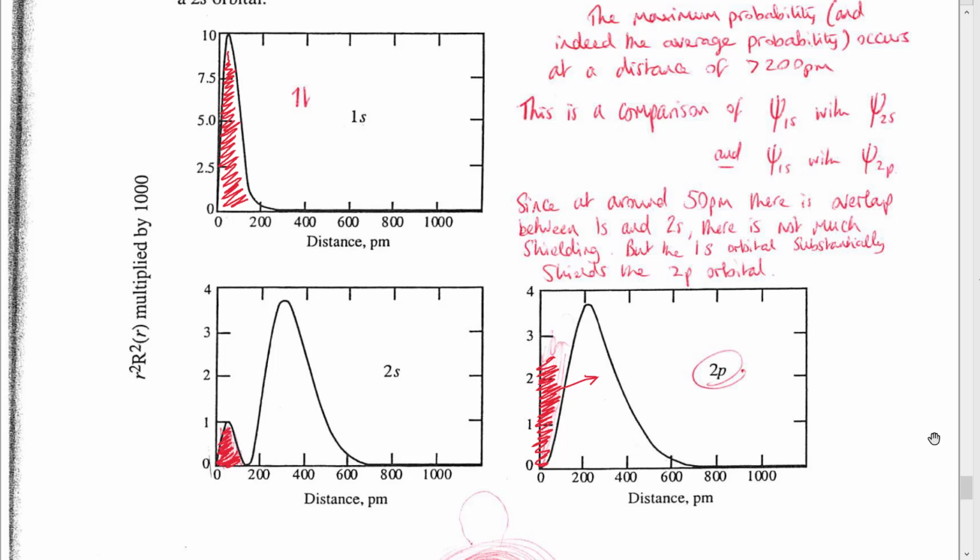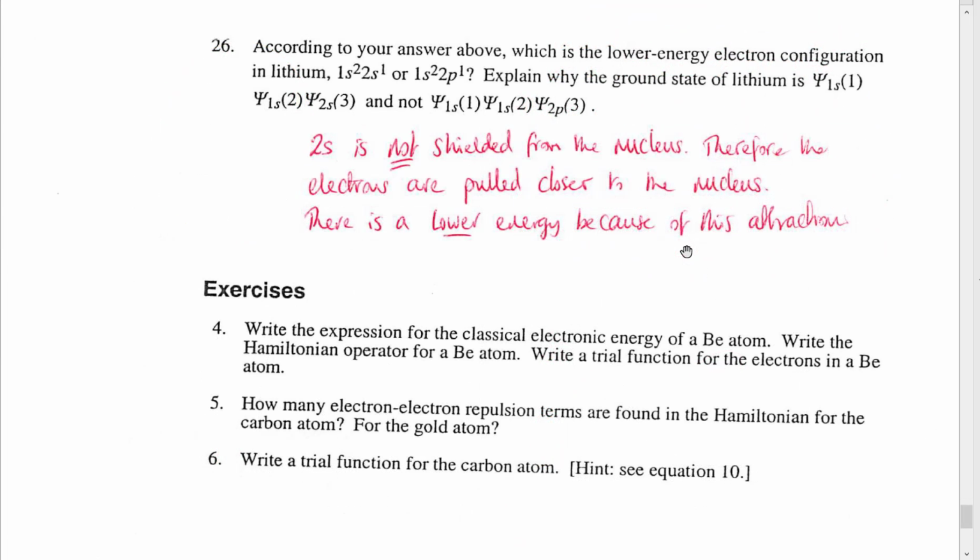The electron in the 2p orbital would probably more likely see the electron in this 1s orbital, and therefore not be as well connected to the protons in the nucleus. And so this final critical thinking question, 26, it asks us to reflect on our answer above. And we're trying to explain why the ground state of lithium is 1s2, 2s1, and not 1s2, 2p1.